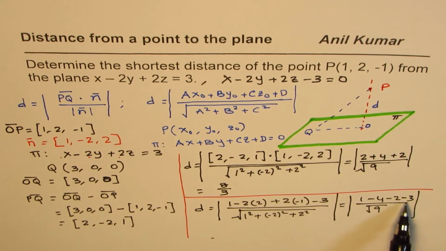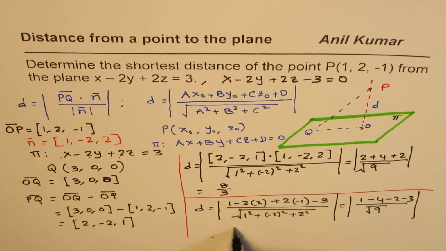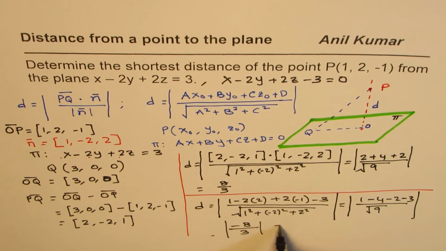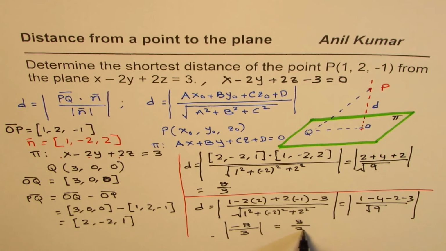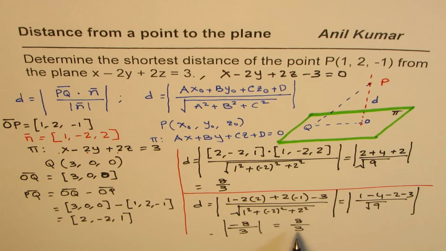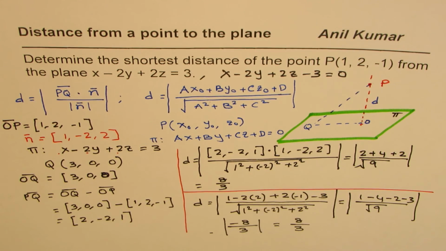So in the negatives we get 4 plus 2, 6, minus 3, 9, and 1, so we get minus 8 over 3, absolute value, and that equals 8 over 3. Do you see that? So we get exactly the same answer. So the application of the formula is much better in some cases. So you should work accordingly.